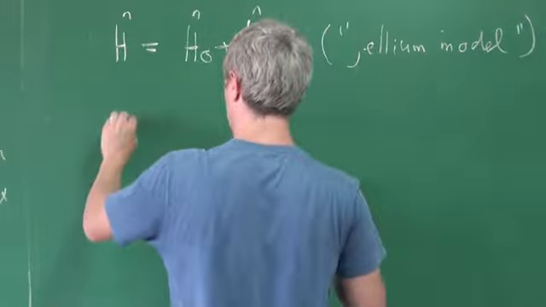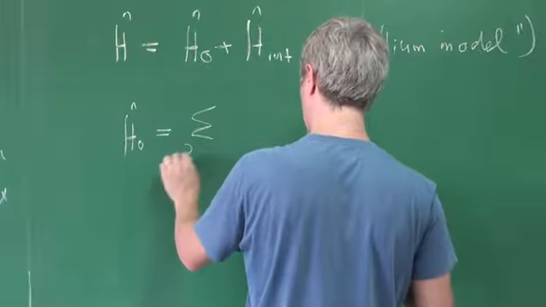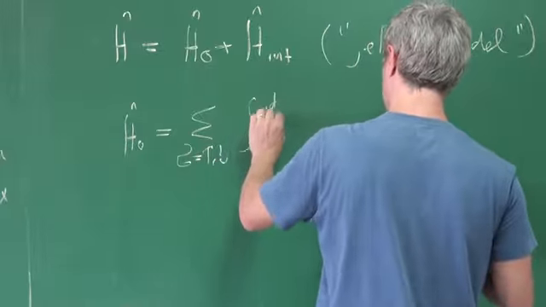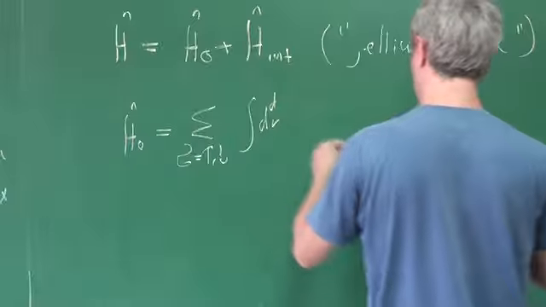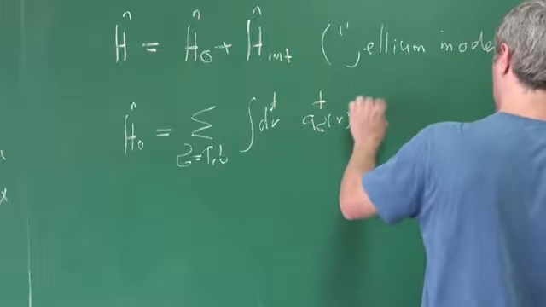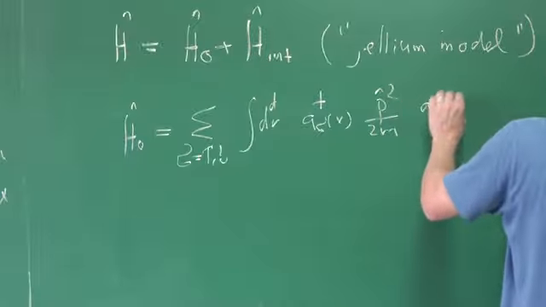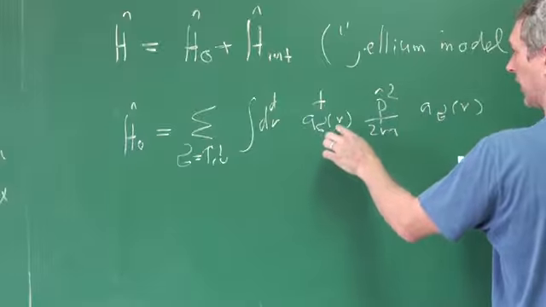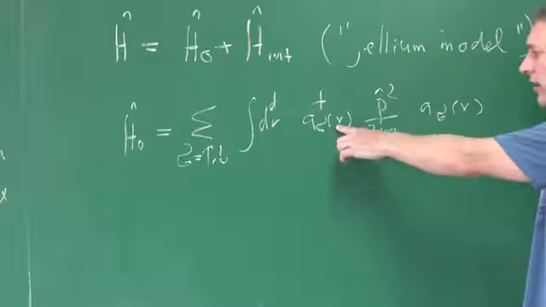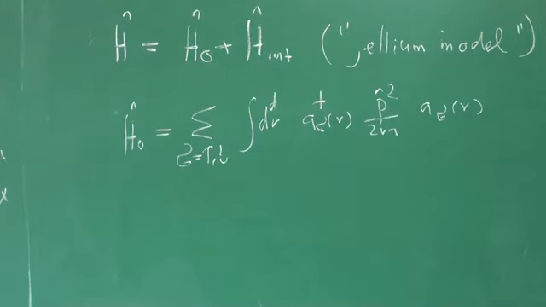where H0 stands for the non-interacting part, which is given by the sum over spin up and down, then the d^d r integral. Typically we'll look at d equal 3, but let's keep it general. For convenience, I just don't write vectors; I should put them there, but I just don't do it anymore.